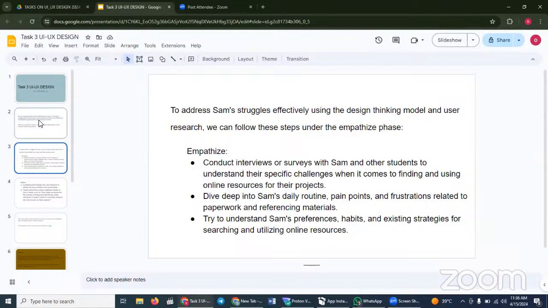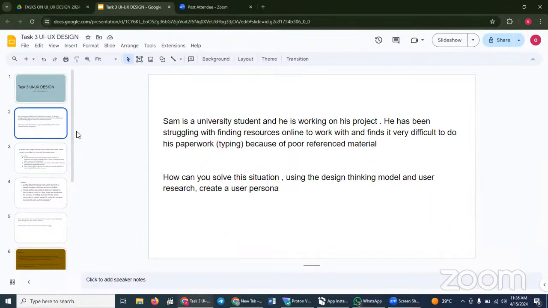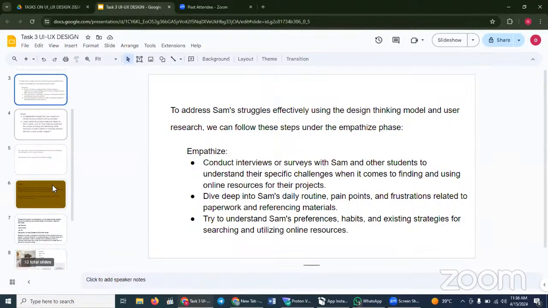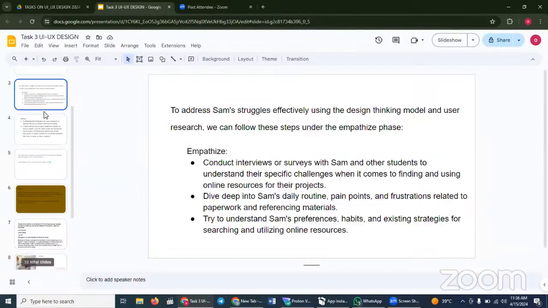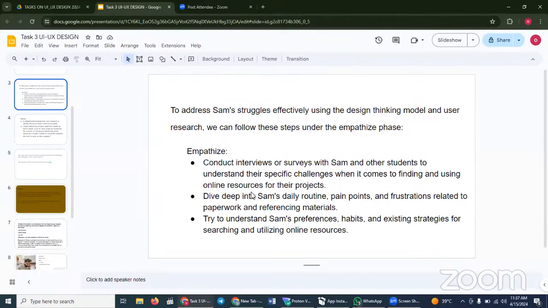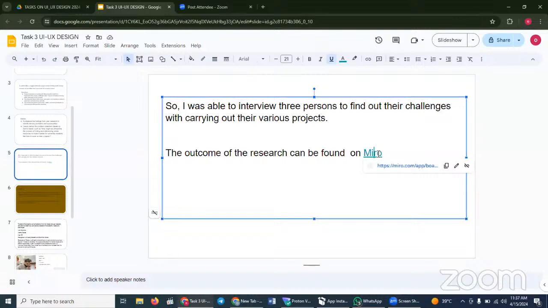From the previous assignments, the design thinking model that we employed came in steps: first of all, conducting interviews with Sam and other students, and then understanding their challenges, frustrations and so on. After that, we proceed to, let me just go over here.